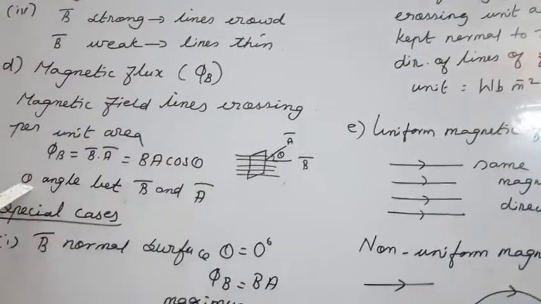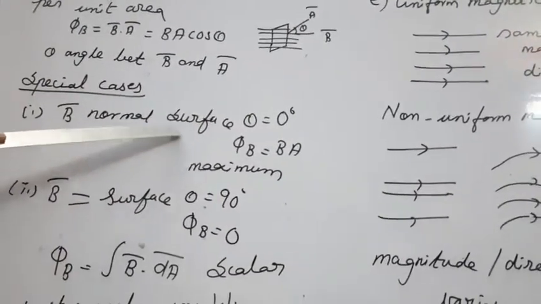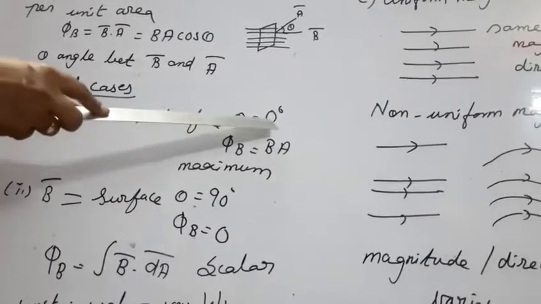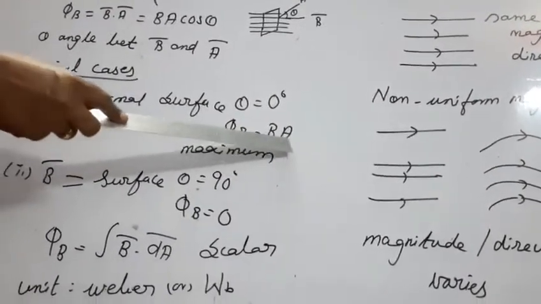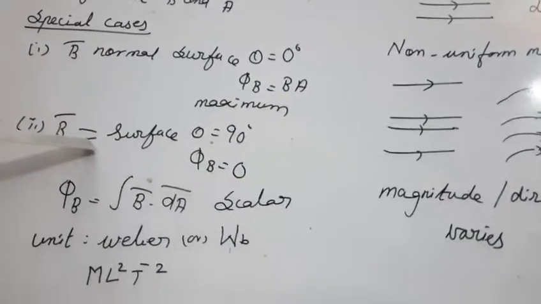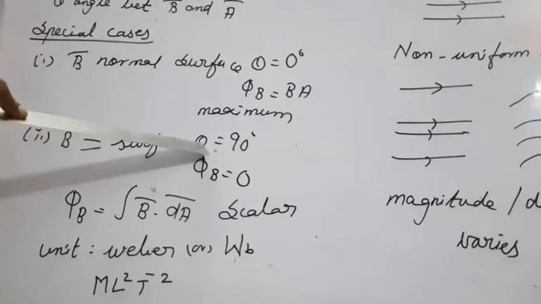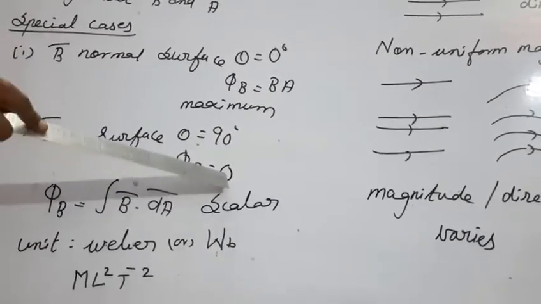Special cases: first one, when B bar is normal to the surface, that is theta value is 0 degree, therefore the magnetic flux is phi b equal to BA maximum. Second point, when B bar is parallel to the surface, that is theta equal to 90 degree, the magnetic flux phi b equal to 0.